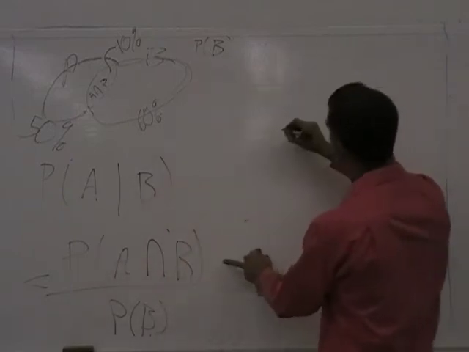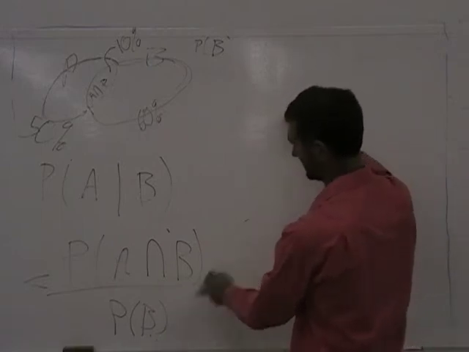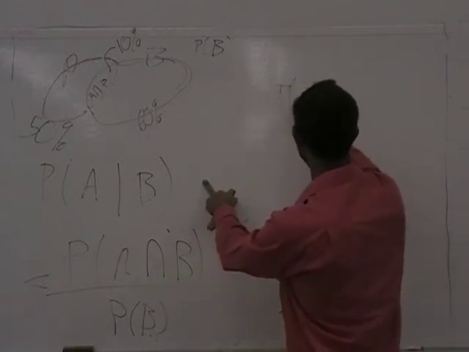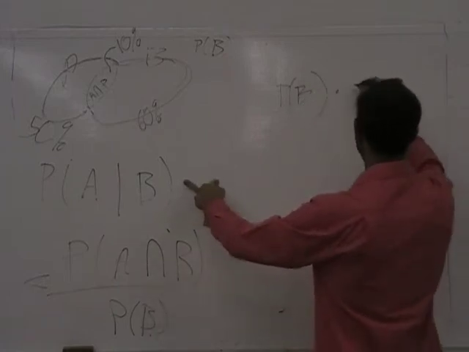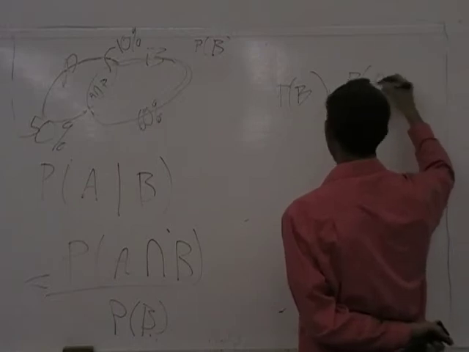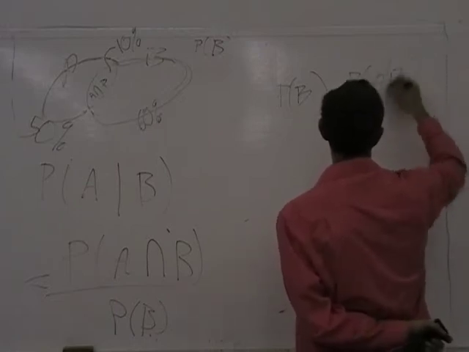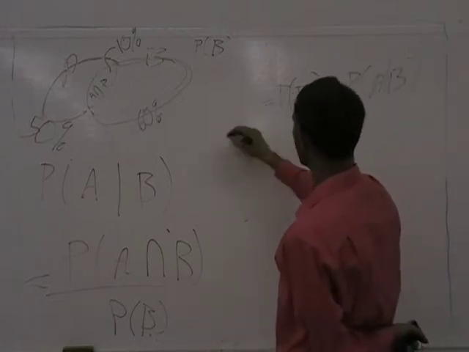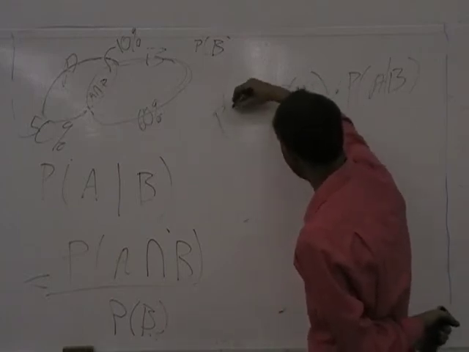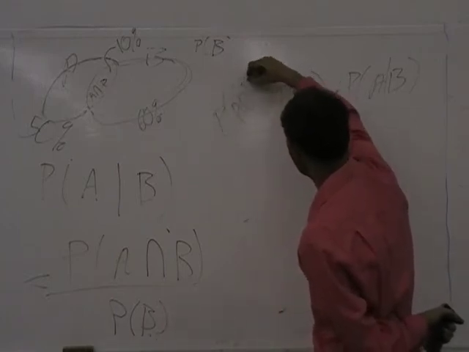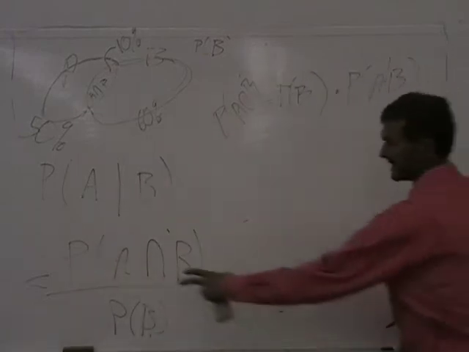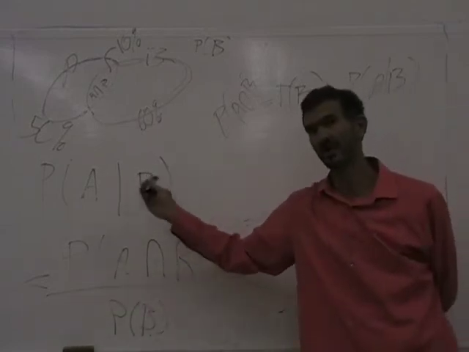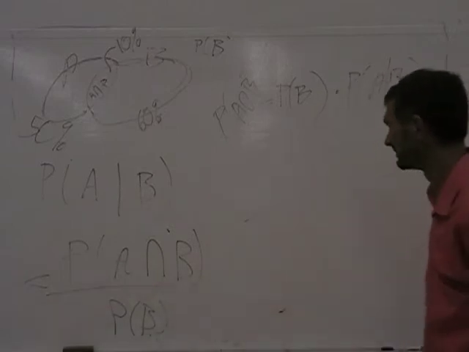We flip around to the probability of B multiplied by the probability of A given B equals the probability of A intersect B. I just moved that over to get the probability of the intersection in terms of this conditional probability.